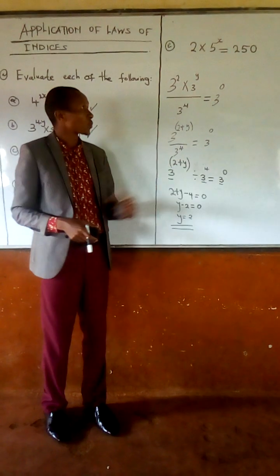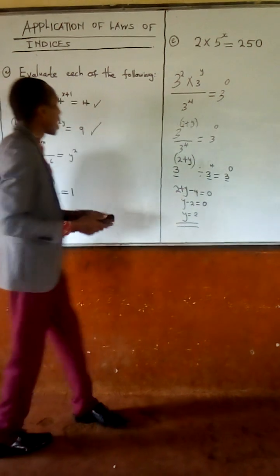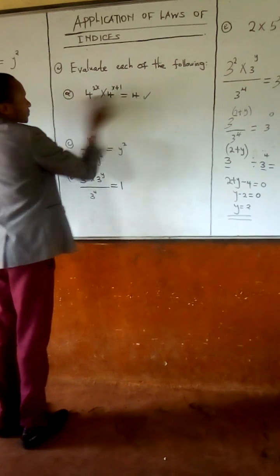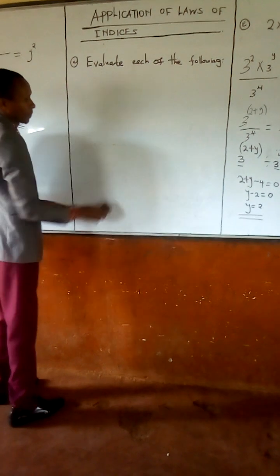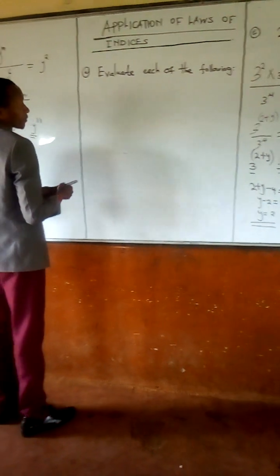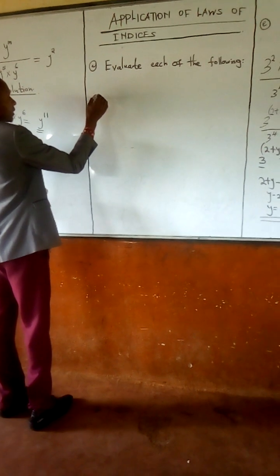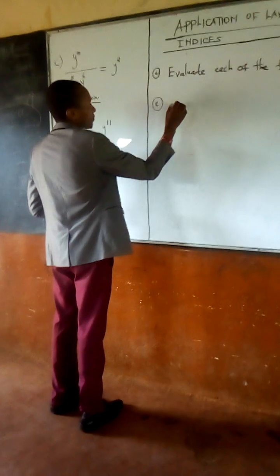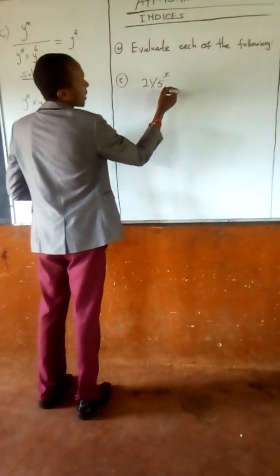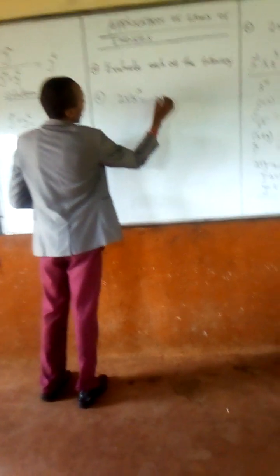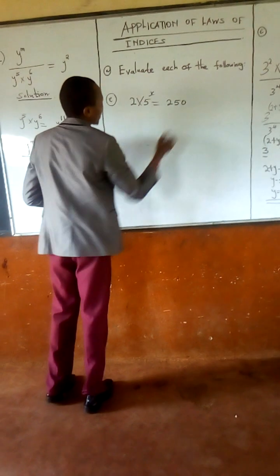Now, our last question. Let's solve our last question. Question E, you have been given 2 times 5 raised to x is equal to 250.